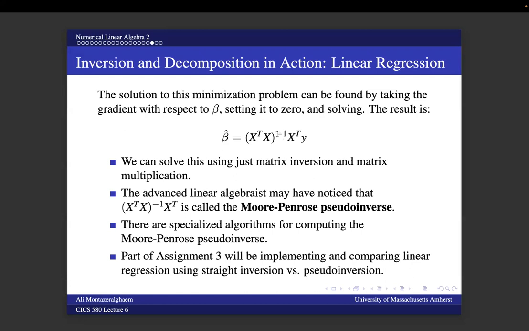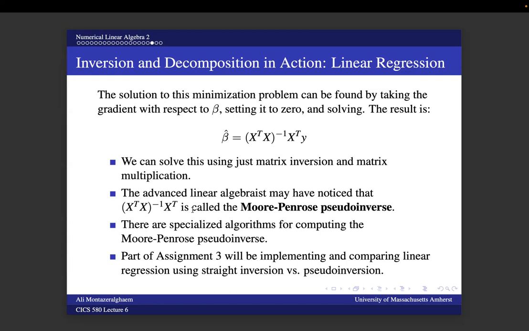By getting the inverse of x transpose x and then multiplying by x transpose and y, we can find beta hat. But the problem is how we can compute this inverse and the multiplication, because they are so expensive in running time.